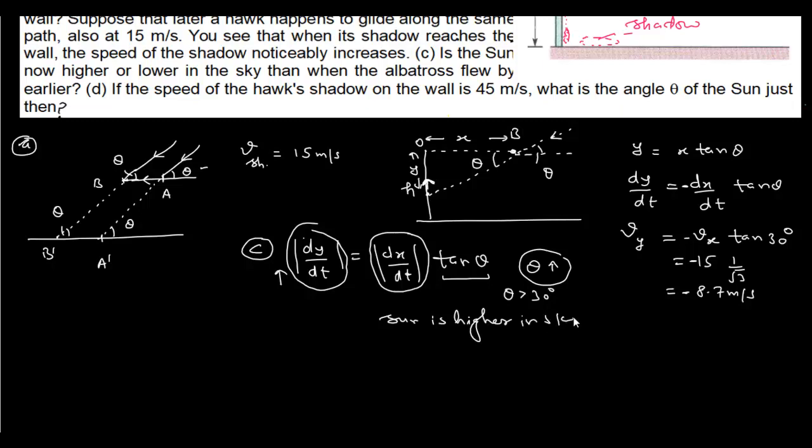Now in the D part it is being asked that if the speed of the hawk's shadow on the wall is 45 meters per second, then what is the angle theta of the sun just then?